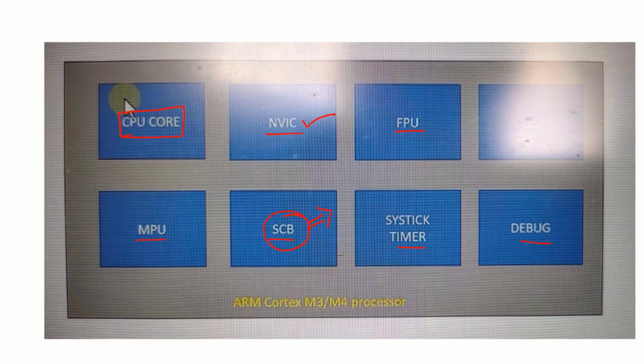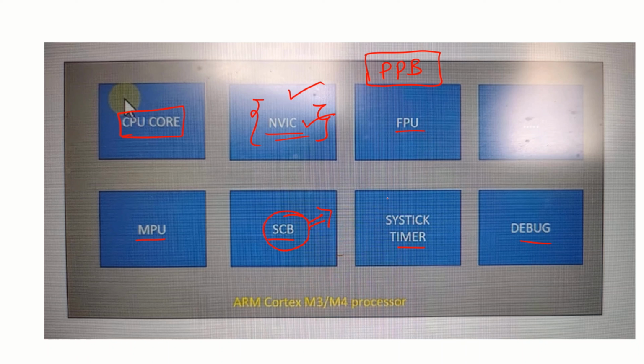All the registers of these peripherals are mentioned in the PPB block. Remember, PPB is nothing but the private peripheral block. This block contains all the registers of system specific peripherals, those are NVIC, MPU, SCB, System Timer.